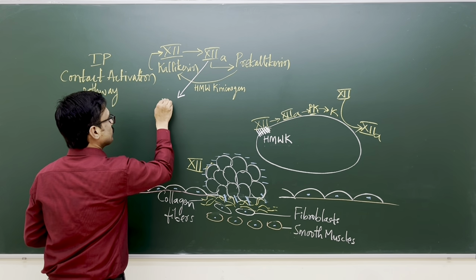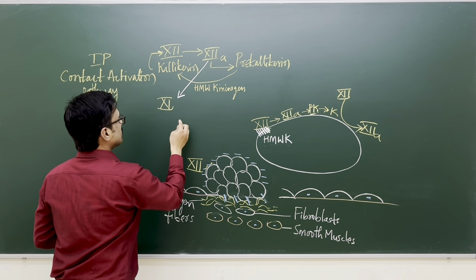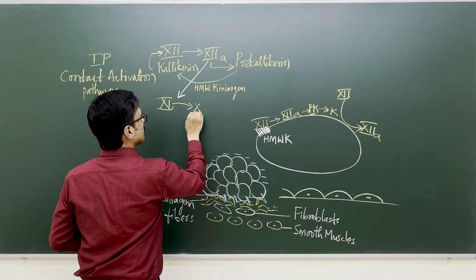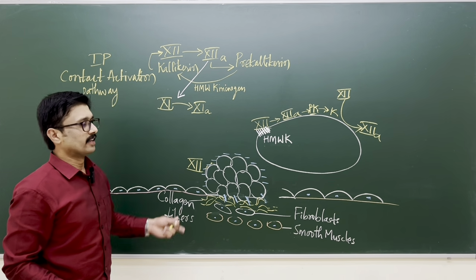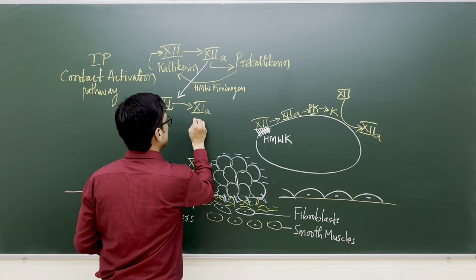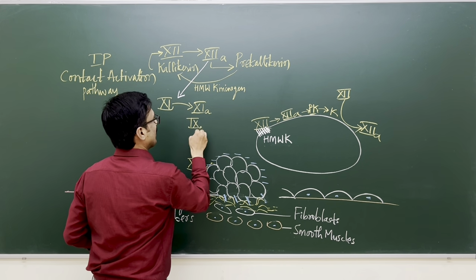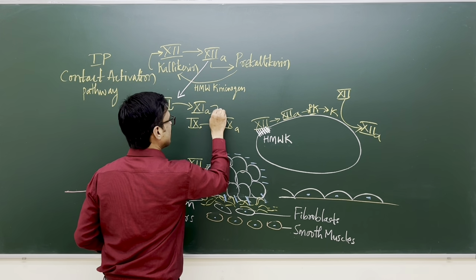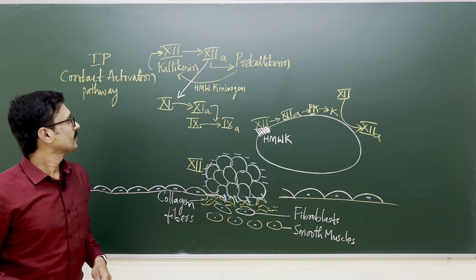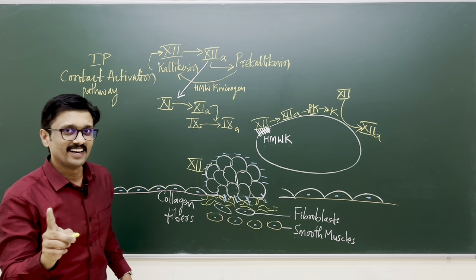Next clotting factor, that is factor 11, is getting activated. 12 activates 11. 11 activates 9. So this 11 is activating 9, not the 10.